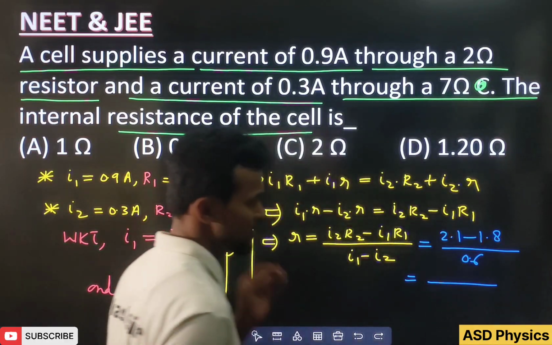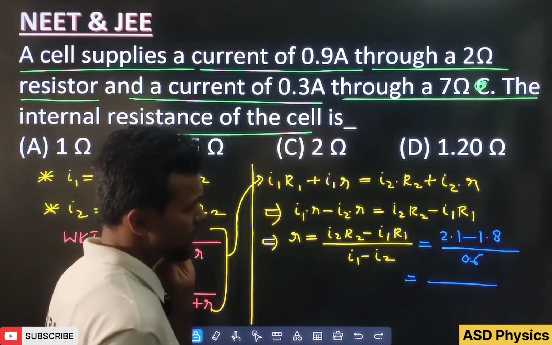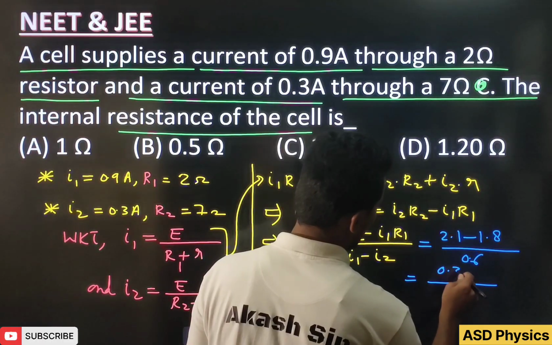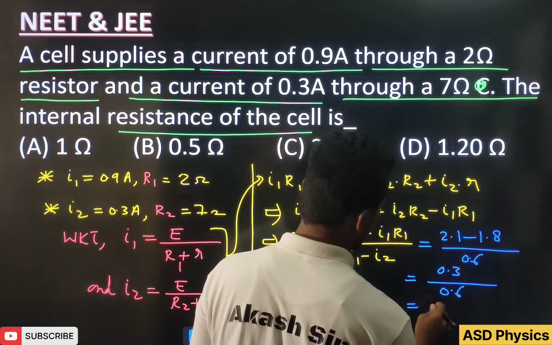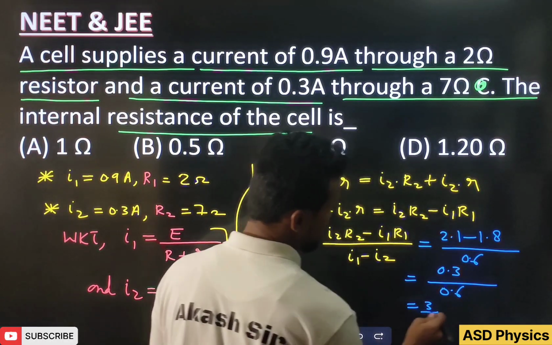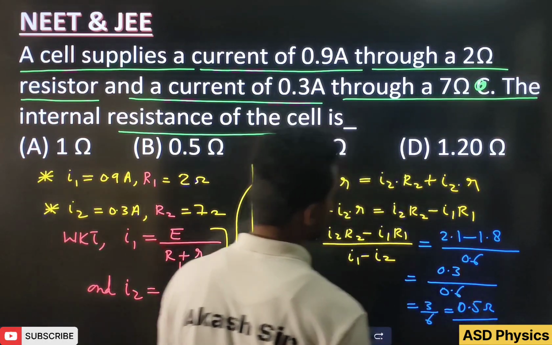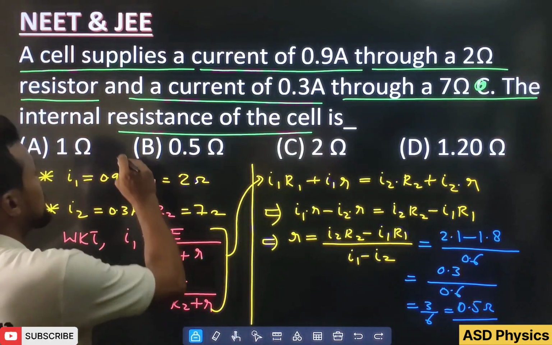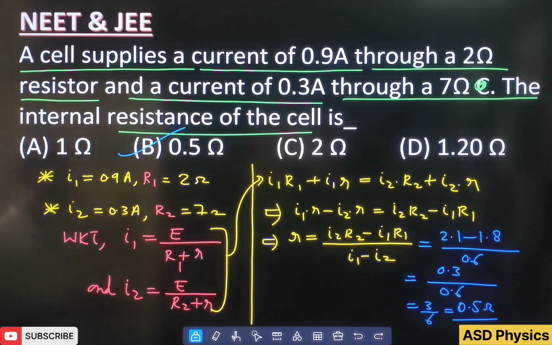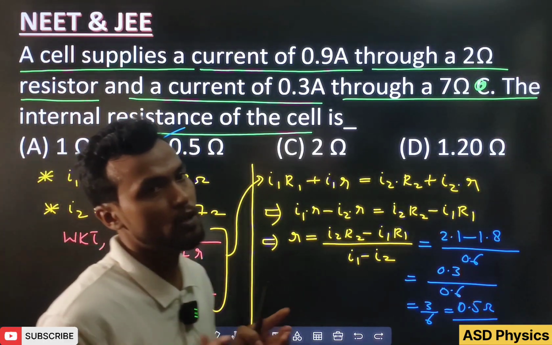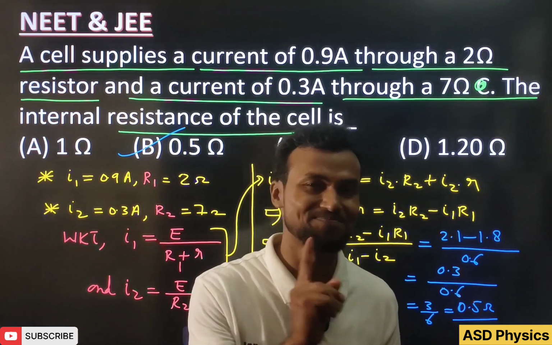Now we have to simplify this. 2.1 minus 1.8 is 0.3, so 0.3 by 0.6. It becomes 3 by 6, which is 1 by 2, that is 0.5 ohm. Okay, so see in how beautiful a way we have got option B. Okay students, I hope you have understood this video very well. Keep studying, keep growing.